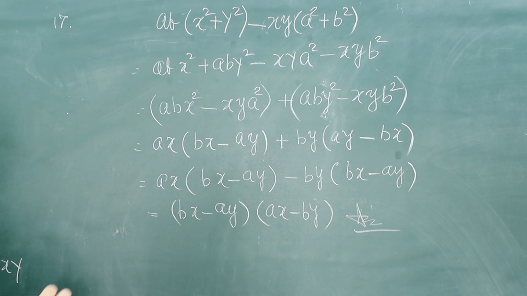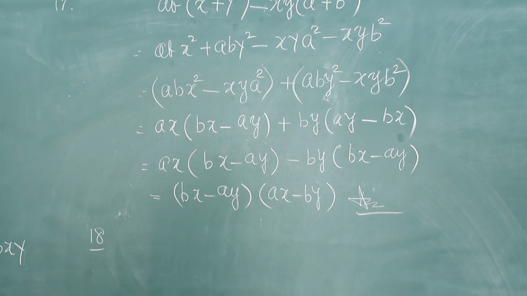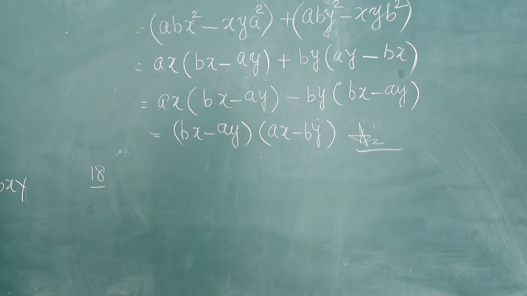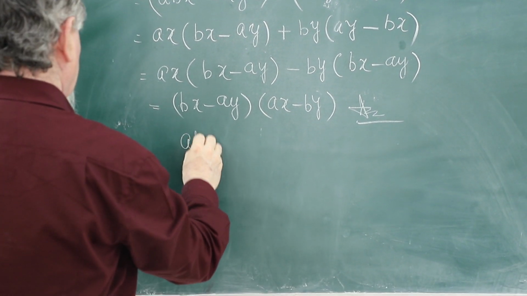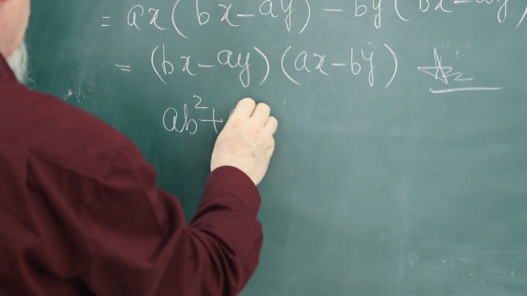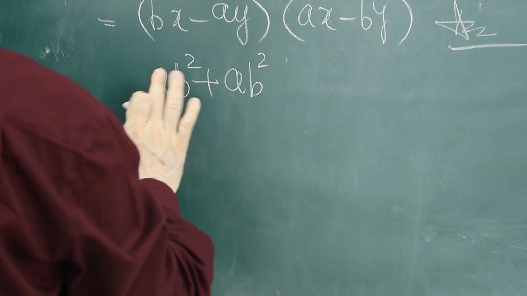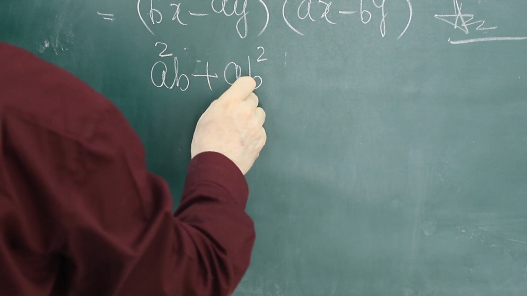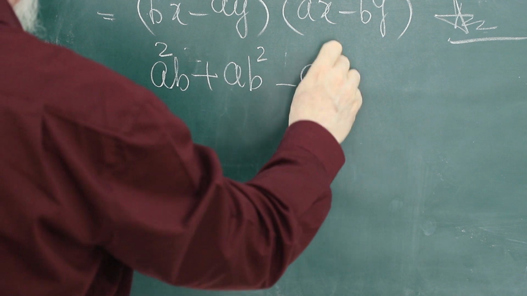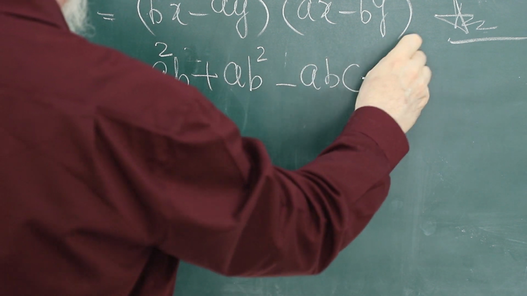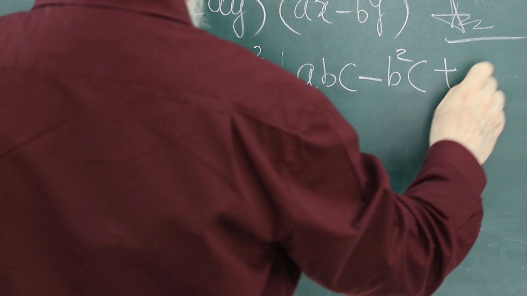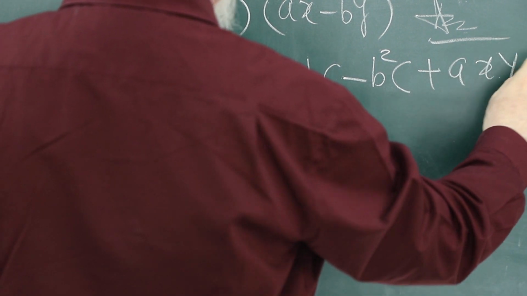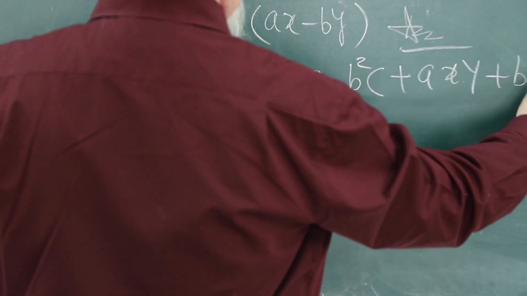Now let us see question number 18. In 18 there are 6 terms, not 4 terms. a squared b plus ab squared minus abc minus b squared c plus axy plus bxy.